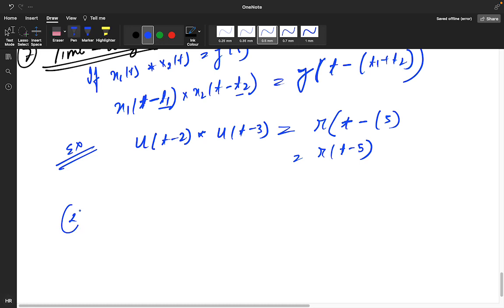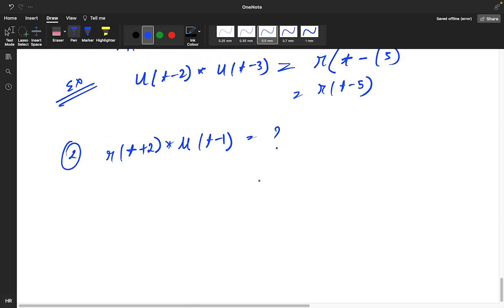The second example is, you have r of t plus 2 convoluted with u of t minus 1. You need to find the result. So what you will do, write like this, r of t minus of minus 2 convoluted with u of t minus 1.